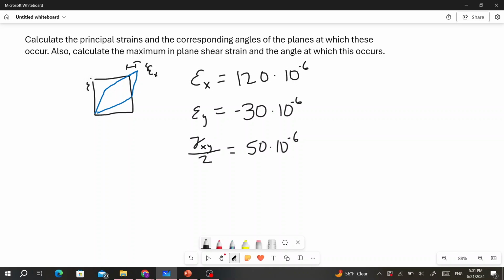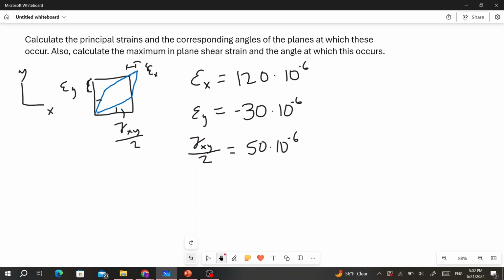There's some strain in the y direction, and we also have shear strain. Okay, and we're defining x as positive to the right, y as positive up.